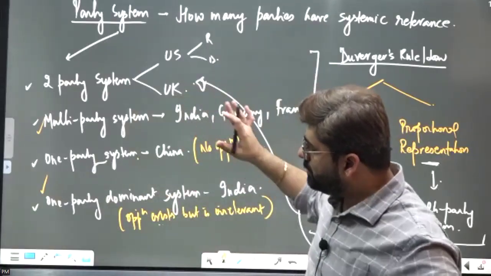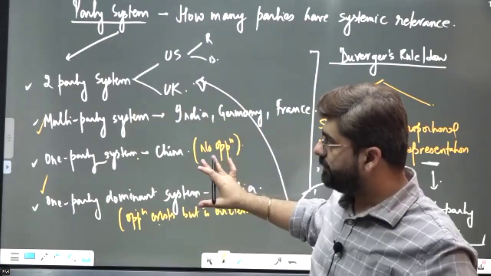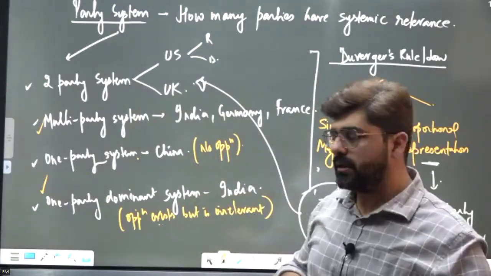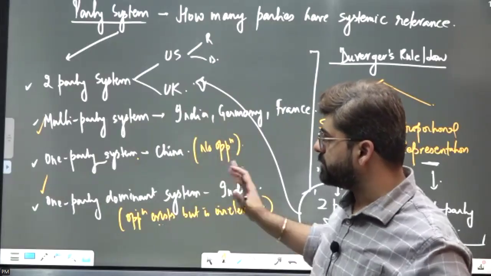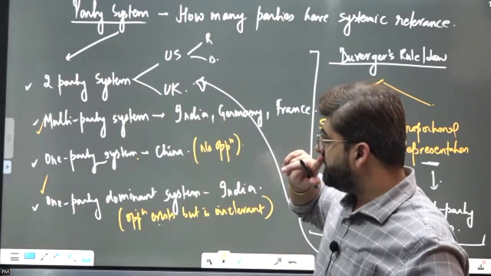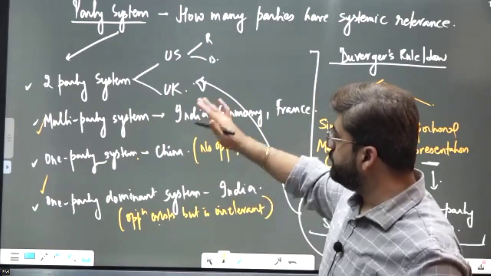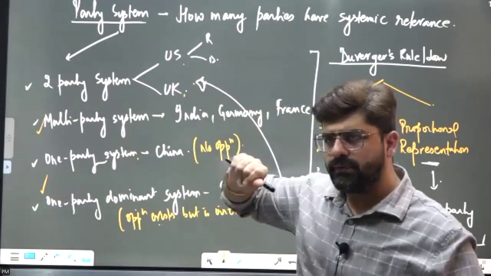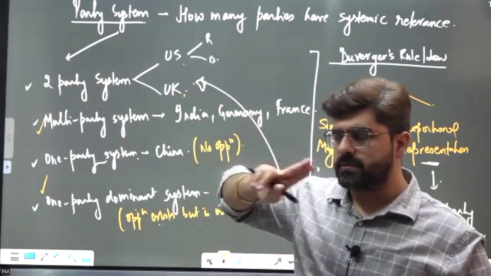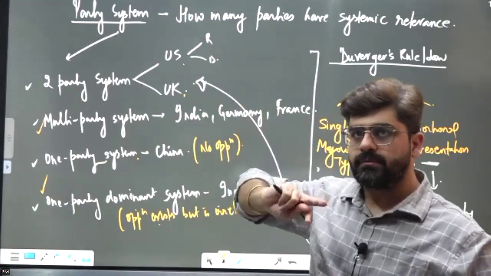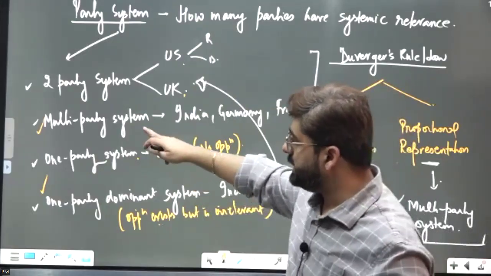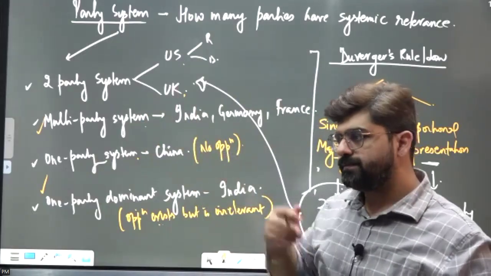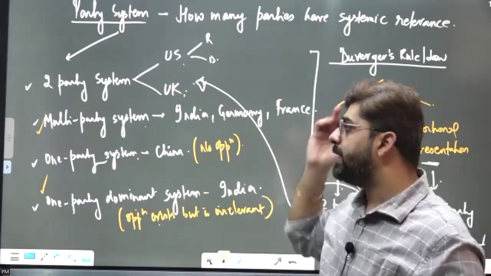These are the four broad ways in which we define party system across the world, not only in our part of the world, but across the world. In the Western world, in countries like the US, UK, even Canada, you will find two-party systems. But in Europe, you will find largely multi-party systems, for example Germany, France, Switzerland also.